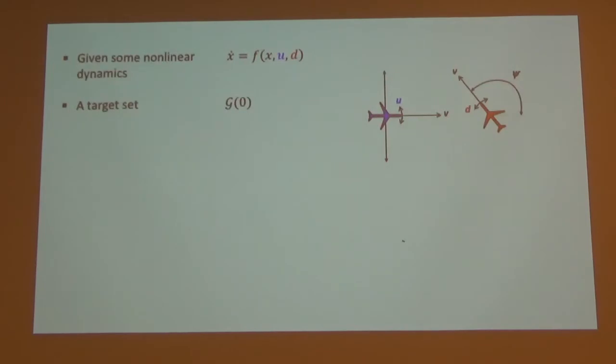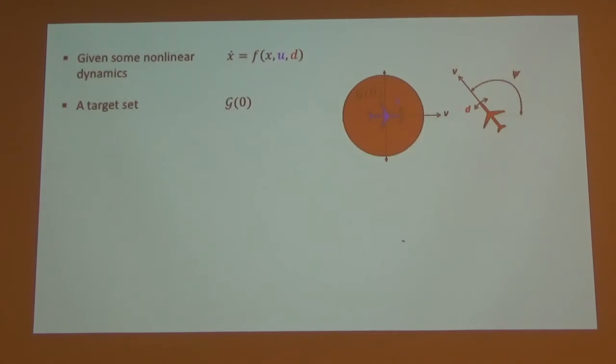And then in the reachability problem, we also have a target set, which we will denote by G0 here. For the aircraft example, this would represent the set of all states that are already in loss of separation, so the set of states that we will call the two aircraft being collided. For real aircraft, this distance is a 5-mile radius, for example. So you don't want any aircraft to come within the 5-mile radius of the other aircraft.